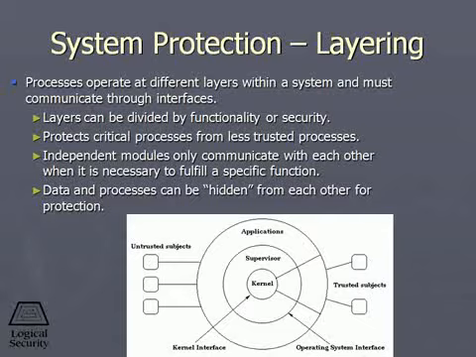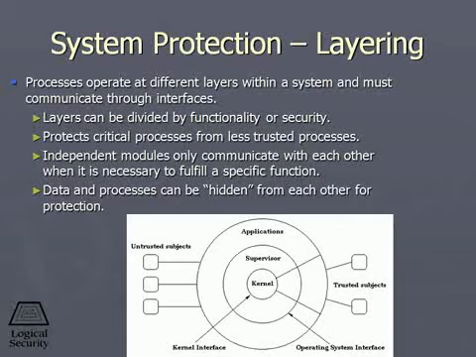Also, it identifies the need for information to flow from outer rings to inner rings. Now, this information flow, requests and information back out of this ring structure, is controlled through specific communications channels. These are restricted interfaces, and they are referred to as application programming interfaces.